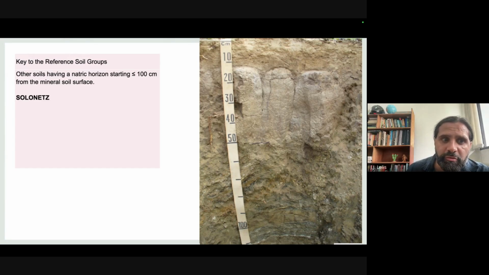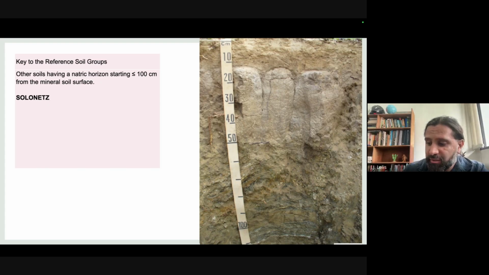And some soils also have problems with water percolation and root growing, and could be called solonetz. These solonetz are soils that are not histosols, not anthrosols, not technosols, not cryosols, not leptosols, and they register a natric horizon in the first 1 meter below the soil surface.